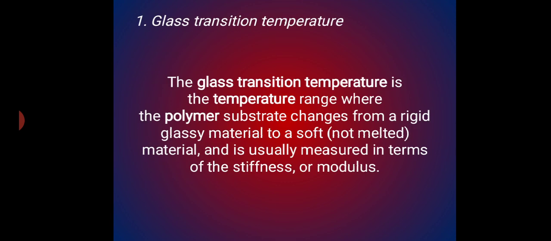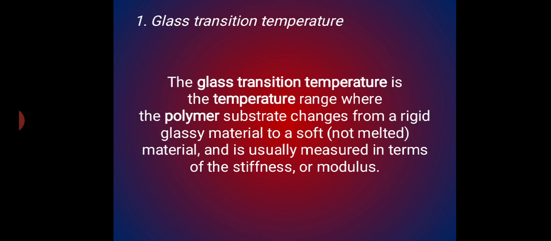The first one is the glass transition temperature. It is the temperature range where the polymer changes from a rigid glassy material to a soft material, and is usually measured in terms of the stiffness or modulus. It can be explained as a range of temperature, say 150 to 175, at which the rigid polymer, without melting, becomes soft.